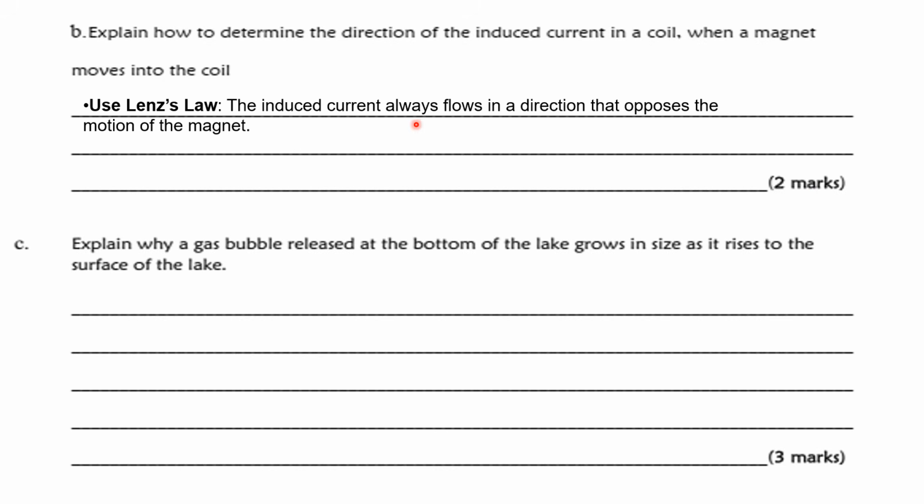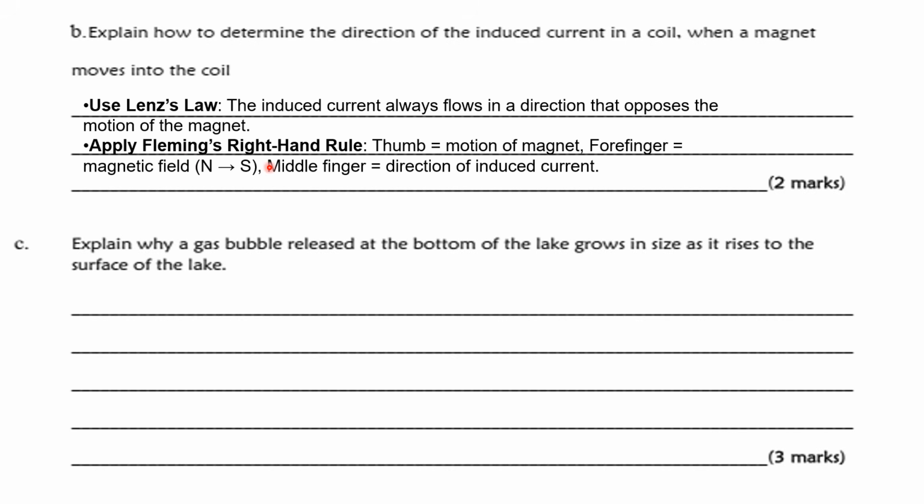So the induced current always flows in a direction that opposes the motion of the magnet. Right, so observe the direction of the magnet, then current will move in a direction that is opposite to that. Another one is to apply Fleming's right-hand rule.